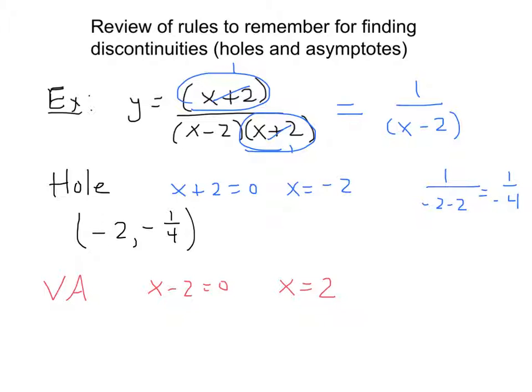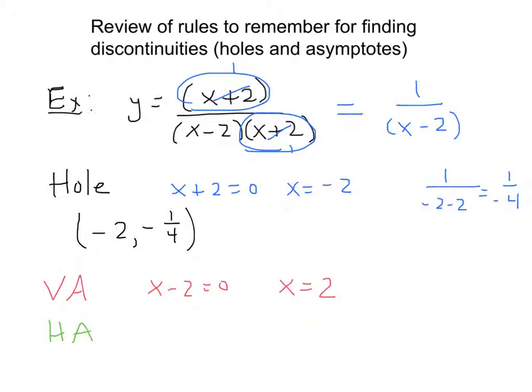I'm going to look at what's left in my fraction. If the degree of the numerator is smaller than the highest degree in the denominator, you'll always have a horizontal asymptote of y equals 0.